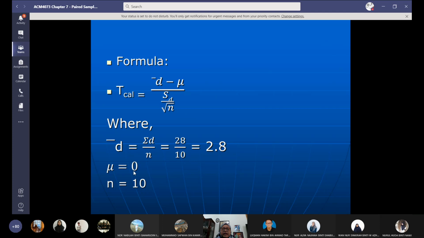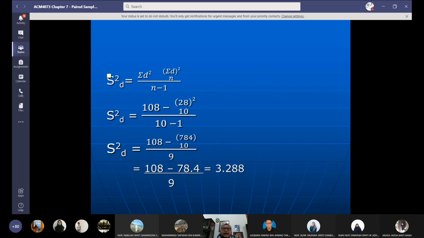Take away 0, divided by SD divided by the square root of N. Meaning we need to get SD. How do we get SD? Before we get SD, we must get the S squared D first.